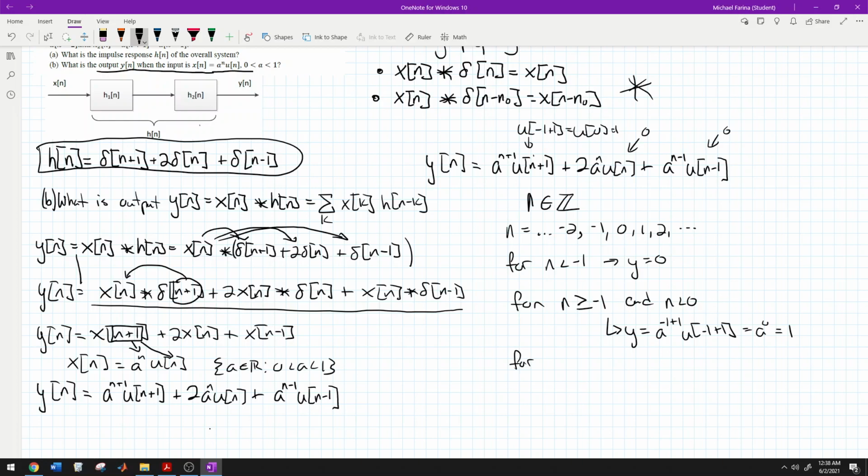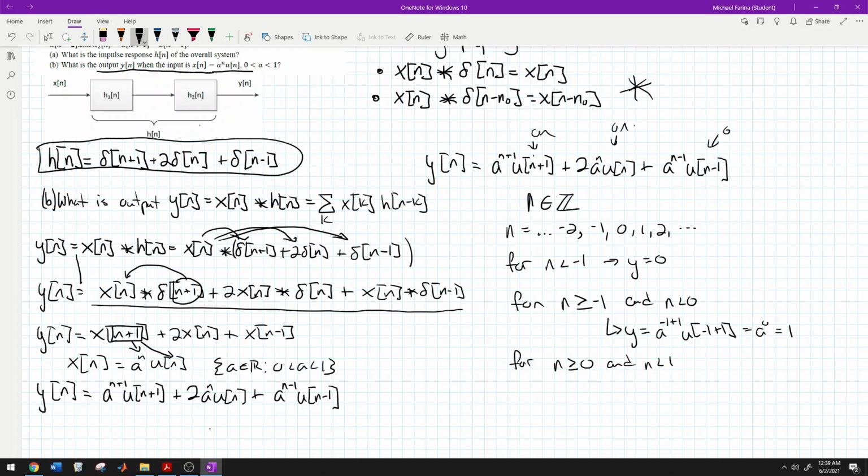Now for n greater than or equal to 0 and n less than 1, n still only an integer value, so it can only be 0 as we have it defined right here. We know that this one's going to be on, since we have a unit step evaluated at 0.